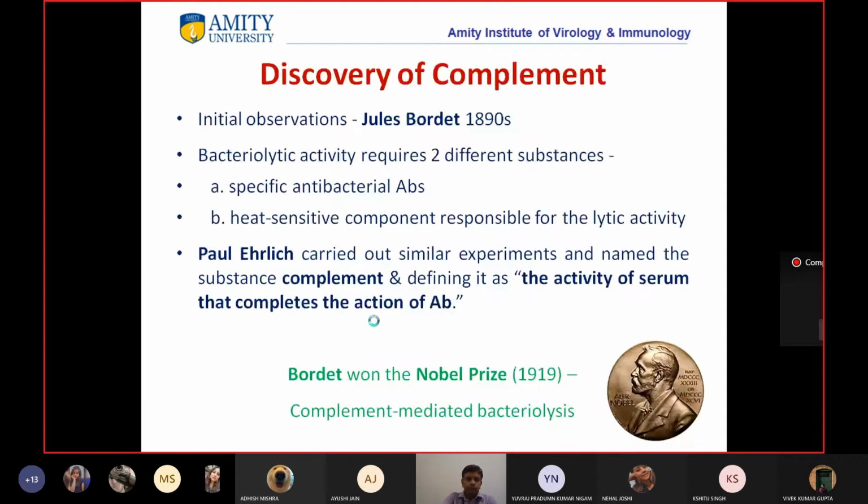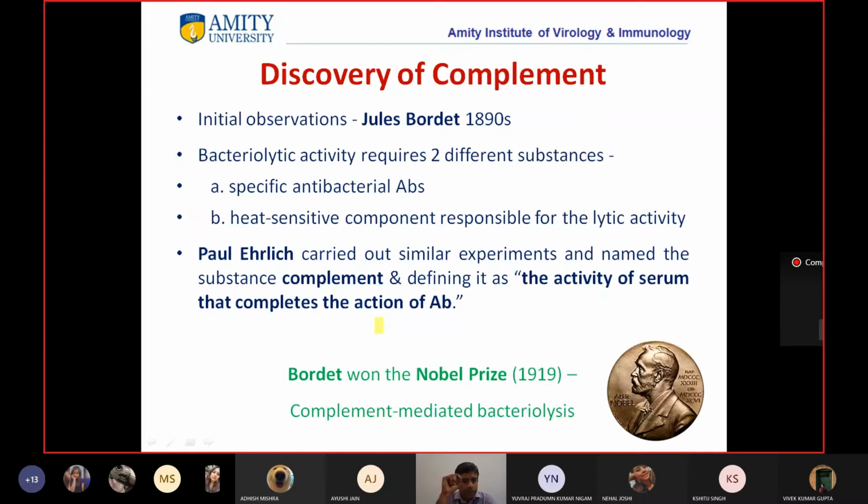So let's see how the complement was discovered. There were initial observations by Jules Bordet in the 1890s. He was the first one to talk about this complement system. He observed that there is bacteriolytic activity, and that it requires two different substances.